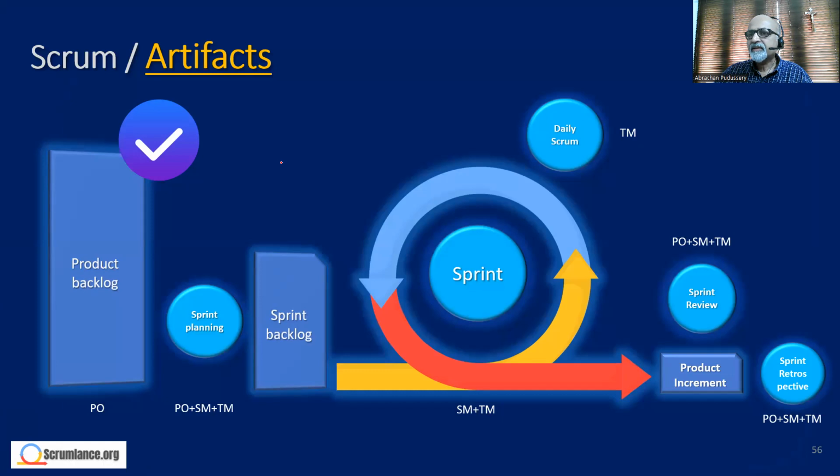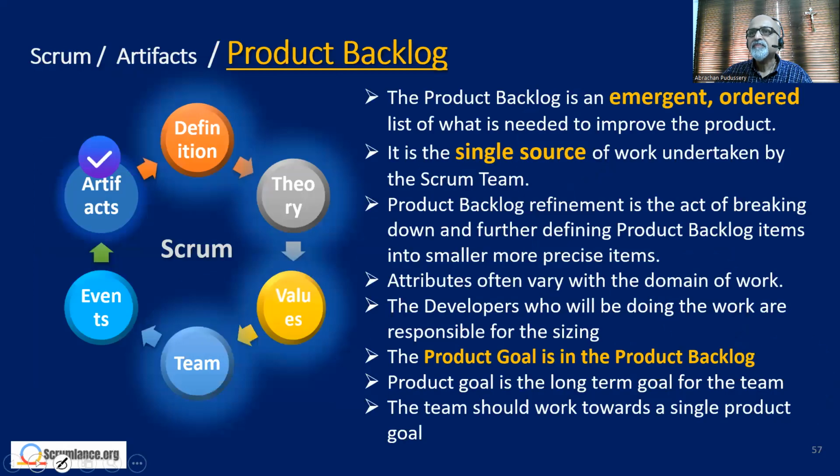We already discussed that the key artifacts are the product backlog, sprint backlog, and the product increment.